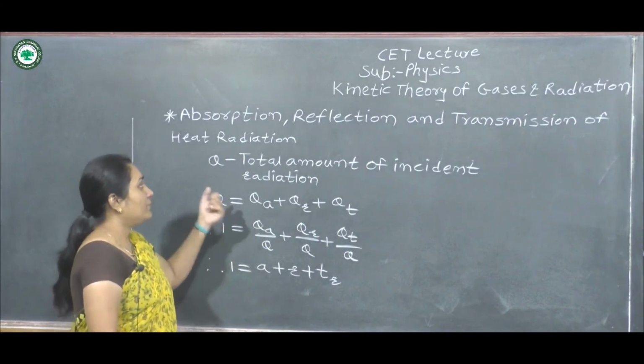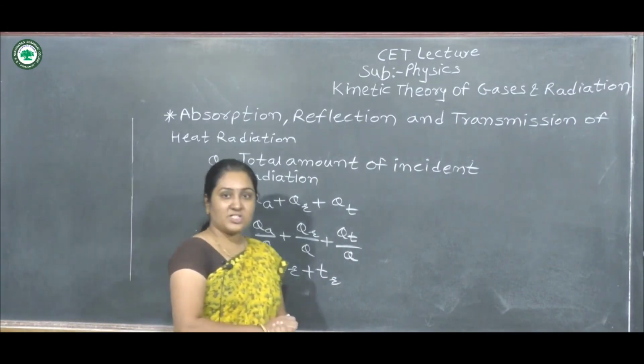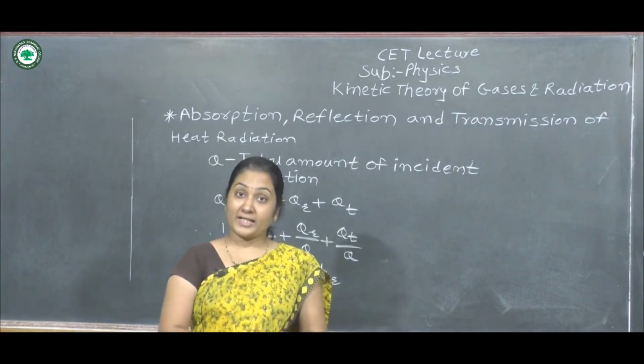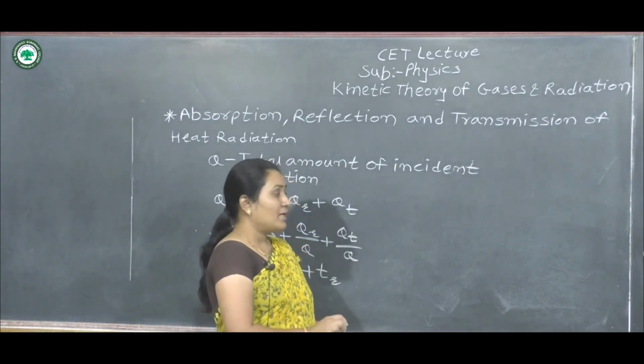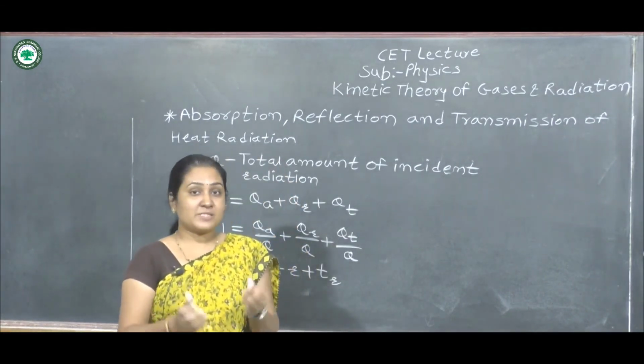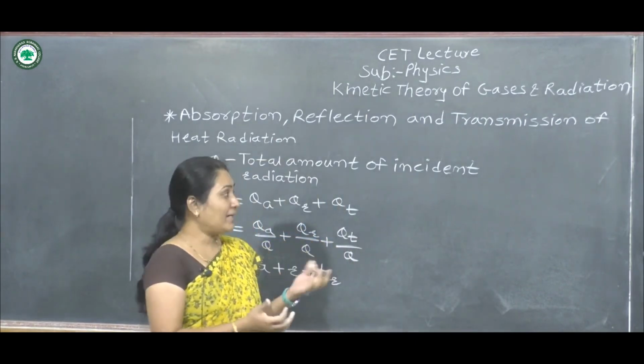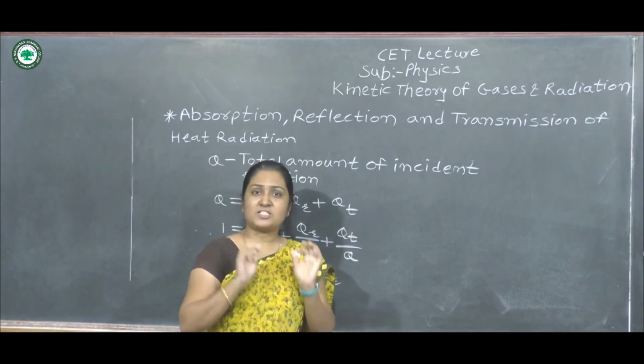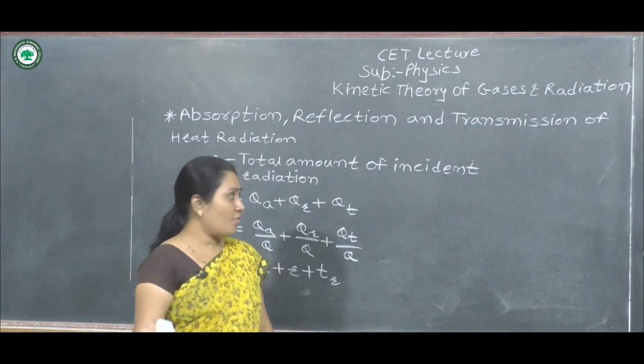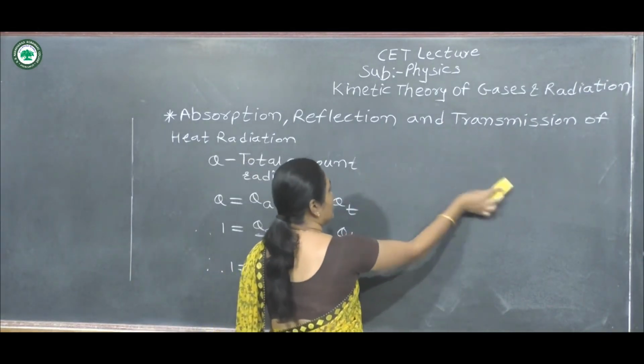So this is about the absorption, reflection and transmission of heat radiation. Now there are some substances which absorb the heat, and some which transmit the heat. So we will study these substances.